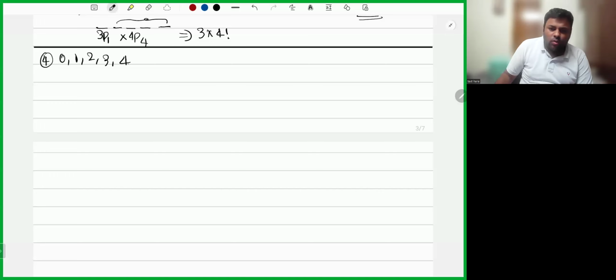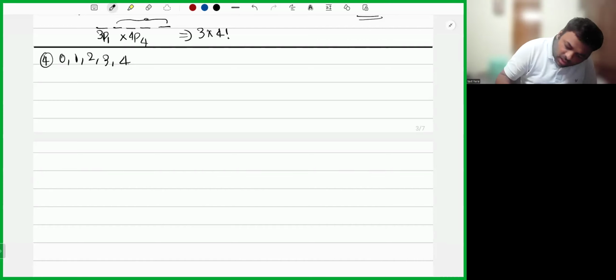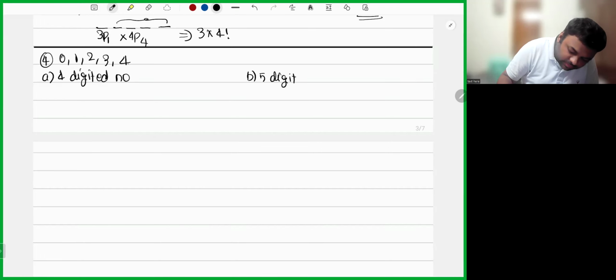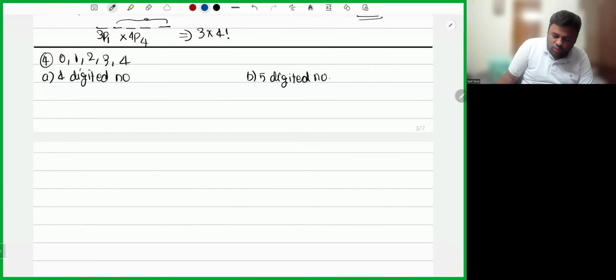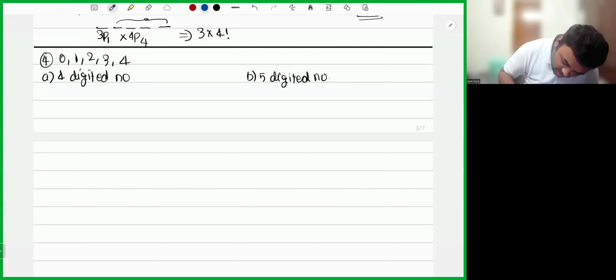These are the numbers I'm having with me. I need to form a 4-digit number. Now see here, how will I? I'm having numbers 0, 1, 2, 3, 4. I need to form a 4-digit number.